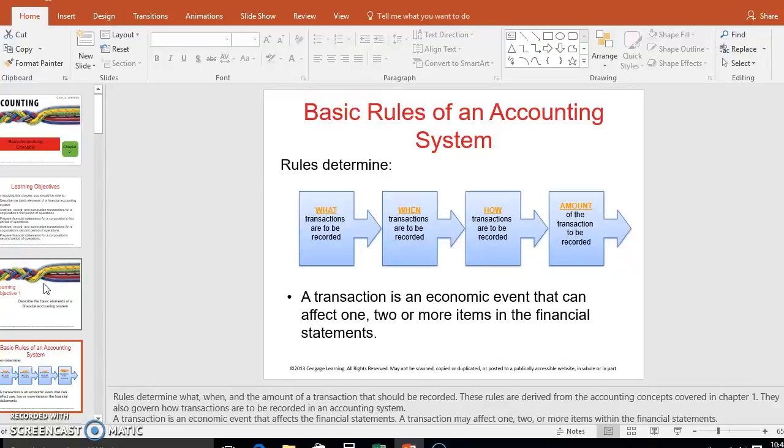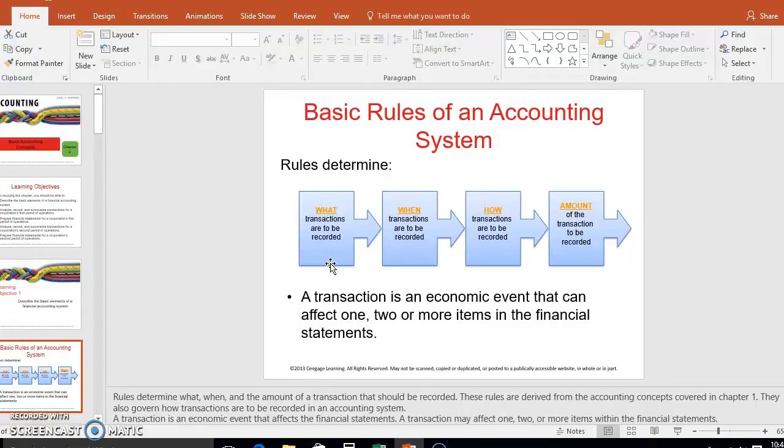So when you're looking at a transaction, what I like to say is first, tell me what happened. For example, let's say that you sold a piece of equipment for $100. Well, what happened? Did your bank account go up $100? The equipment that you sold, is that now out of your store?